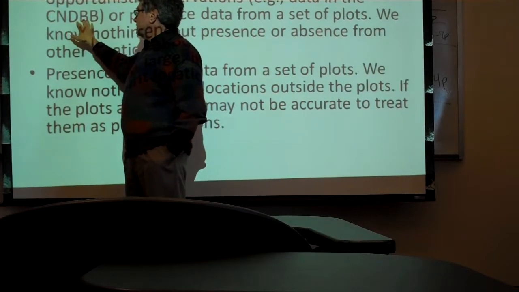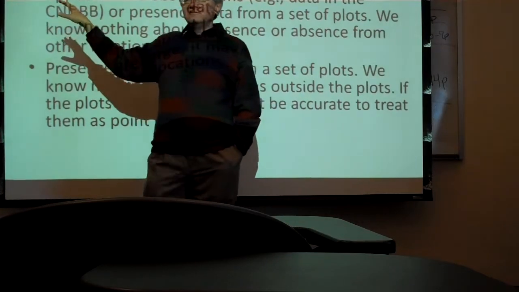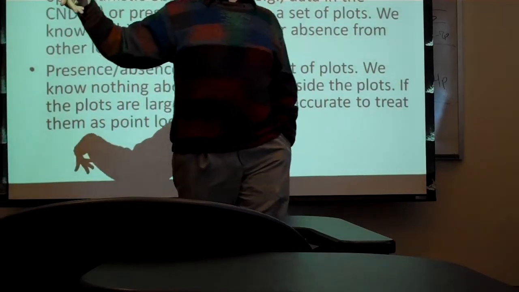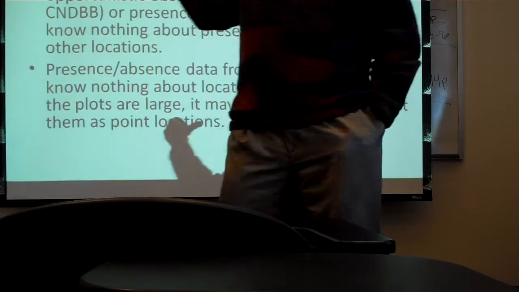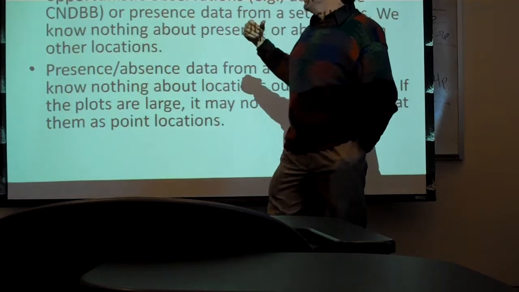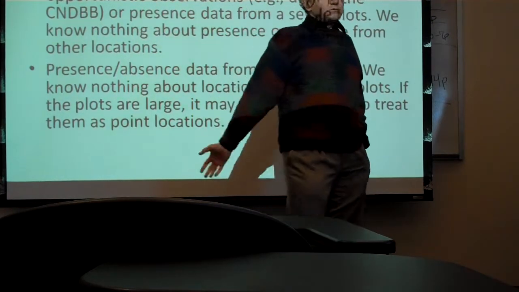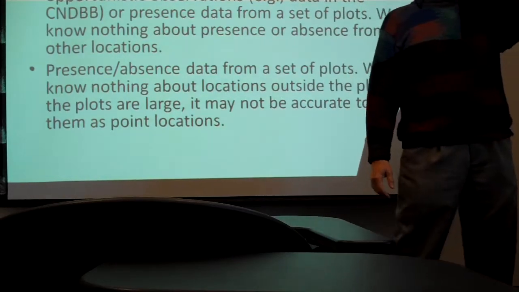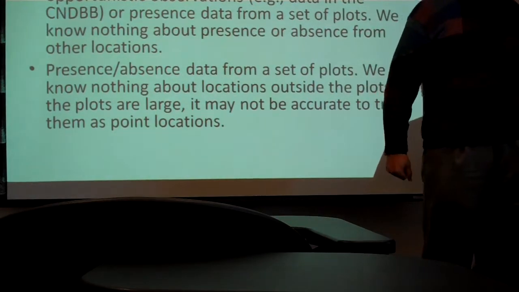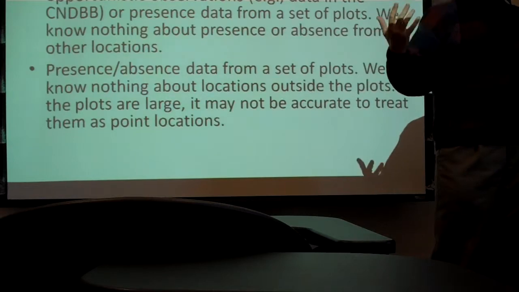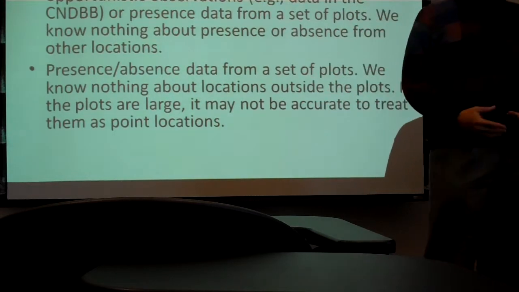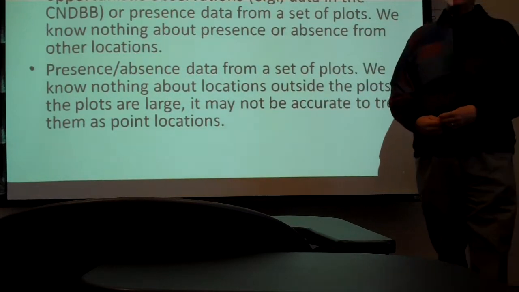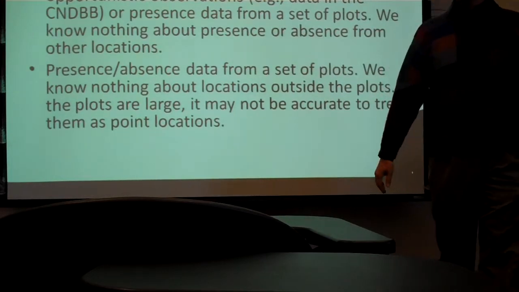So for example, the CNDDB, the California Natural, someone help me out here, do you know what the CNDDB is? Diversity database, yeah. So it's a database of observations of species, at least species of concern. And it's just a kind of opportunistic sample. It's all the museum records. When naturalists go out and they see a species somewhere, they report it in.